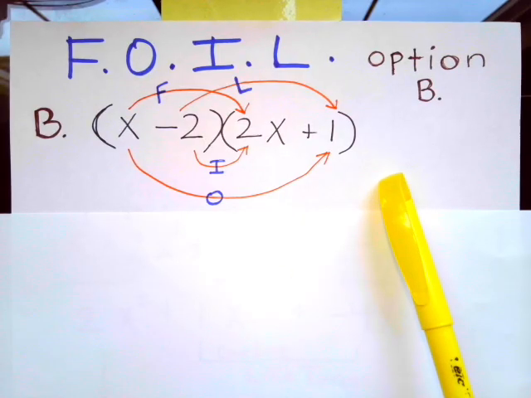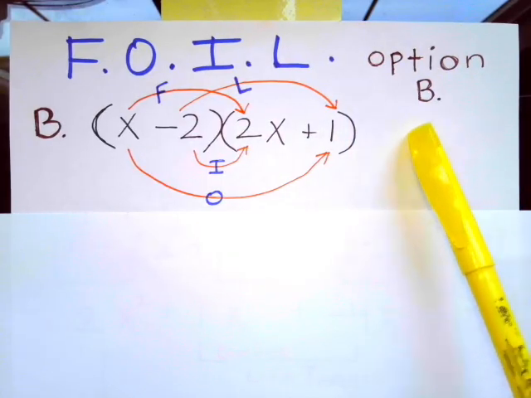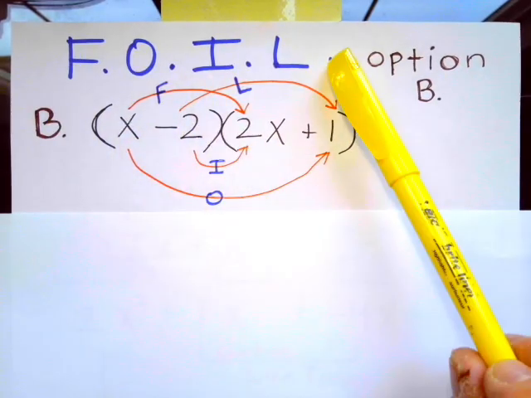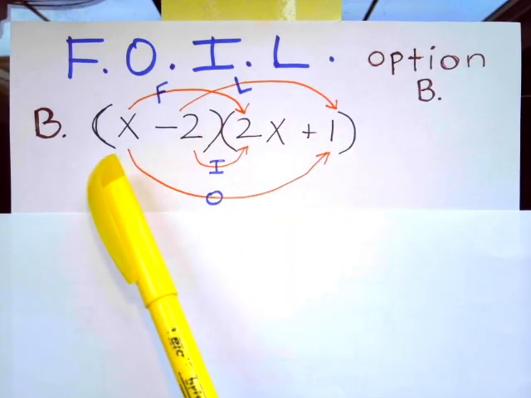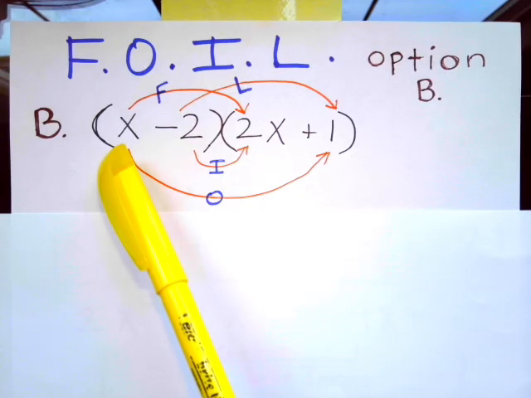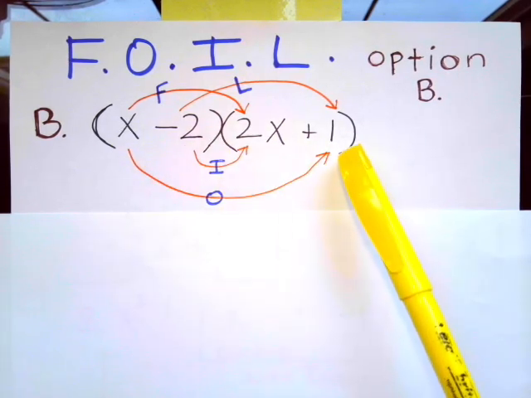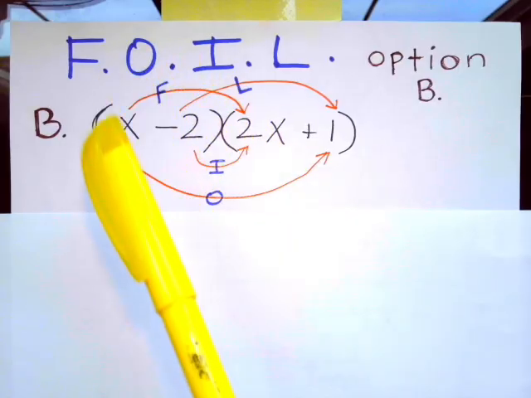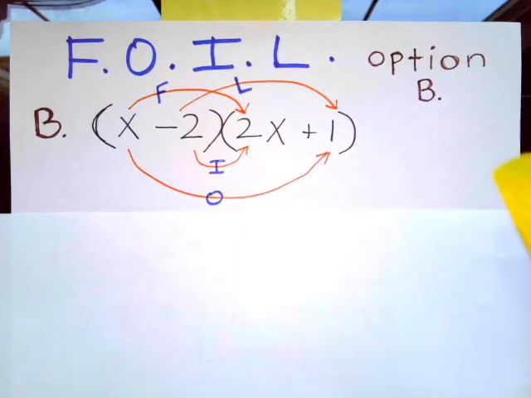So I apologize. But continuing, we're going to take option B and perform FOIL with what you see here, the quantity x minus 2 times the quantity 2x minus 1. If you need a little more help in understanding FOIL and factoring, I've created a bunch of videos on factoring and FOIL.